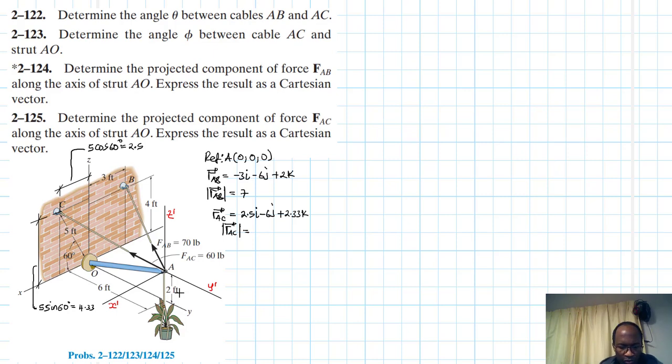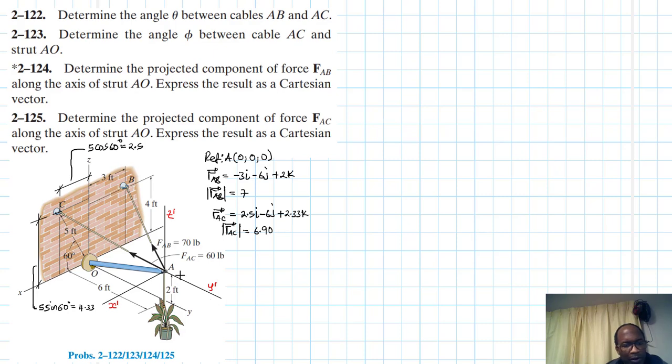The magnitude will be 2.5 squared plus 6 squared plus 2.33 squared, and the square root of that is 6.90.